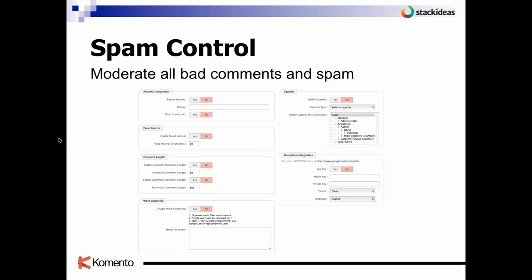We have flood control that controls the interval time between two subsequent comments. This will avoid robots posting too many comments in a few seconds. We have comment length checking as well, we also have word censoring, and we have reCAPTCHA integration.